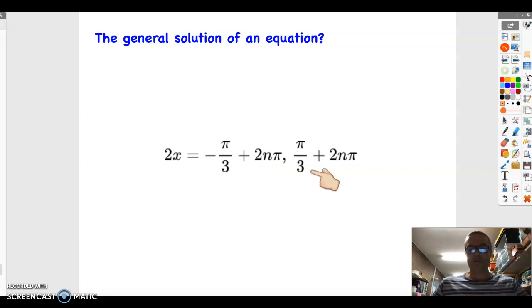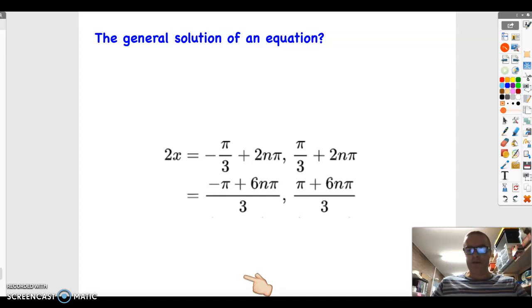And likewise for the second solution in the first quadrant where we've got pi on 3, there's an infinite number of solutions that exist that are a whole number of revolutions away from that value pi on 3. So 2n pi simply means a number of times around the unit circle, forwards or backwards.